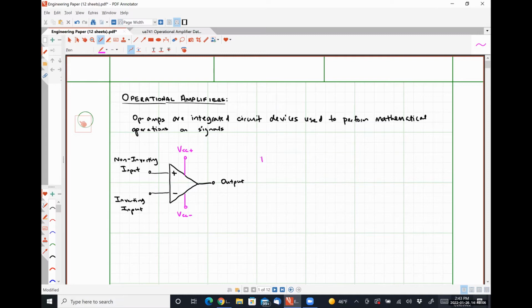The first rule, let me do these not in pink. Ideal OpAmp rules. And apparently I can't spell rules today.